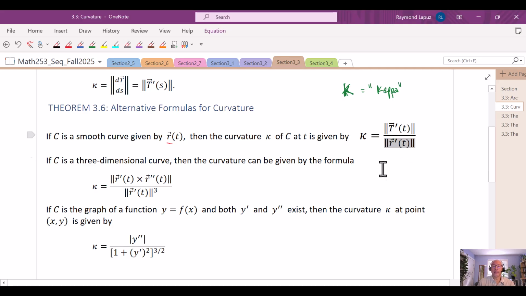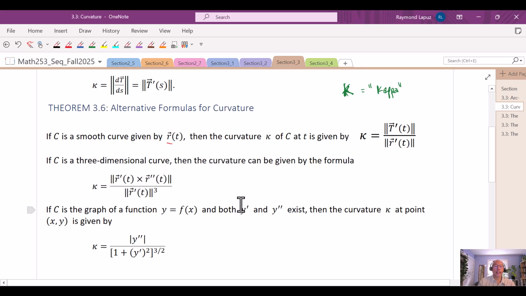So that is a slightly easier way of figuring that out. But sometimes finding the derivative of T is not very easy, as you may see later on in some of your computations. And so here is another formula that we can use.